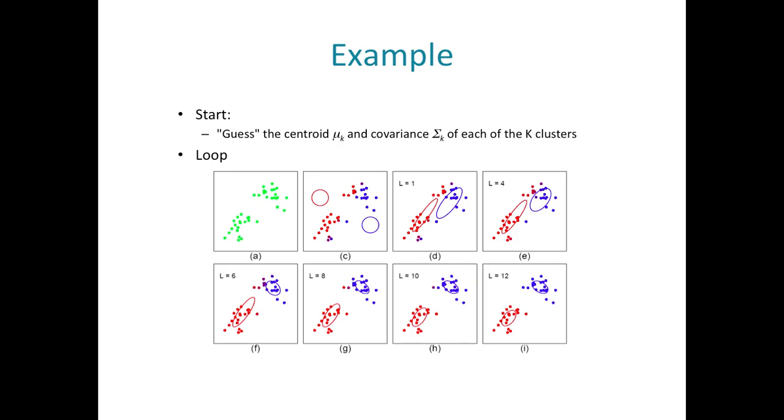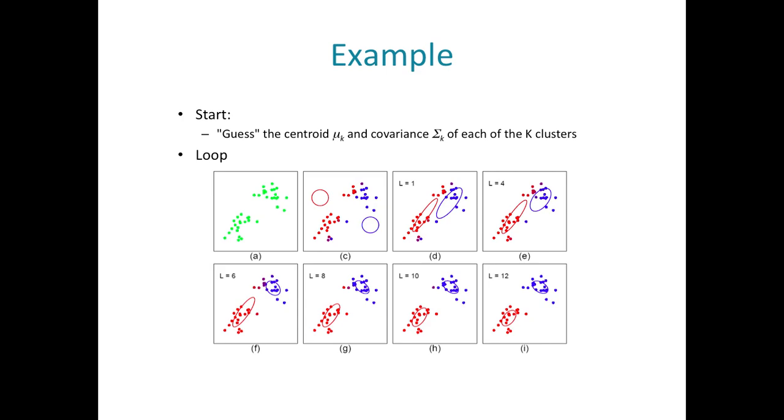We start with a randomly assigned centroid and covariance matrix for each of the clusters that we are considering, in this case, two clusters. And what we do is go through the expectation maximization loop. Originally, the box labeled as C shows the random guesses that we are making for the clusters, which are absolutely wrong.